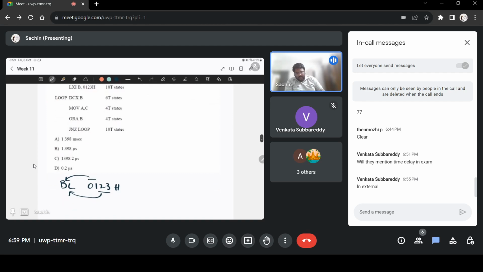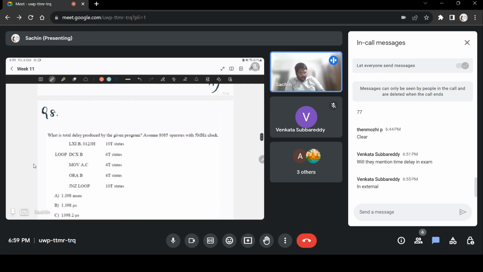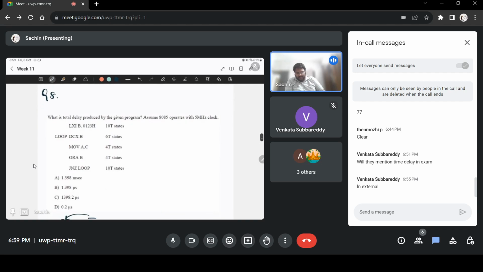For your assignment purpose, you can search it on Google now. Usually the number of T states is specified in the data sheet of the microprocessor. So if you are working with the 8085, you will have a data sheet provided by the company that is manufacturing it. So Intel will give you the data sheet, and in that data sheet they will give you the number of T states for all these instructions.